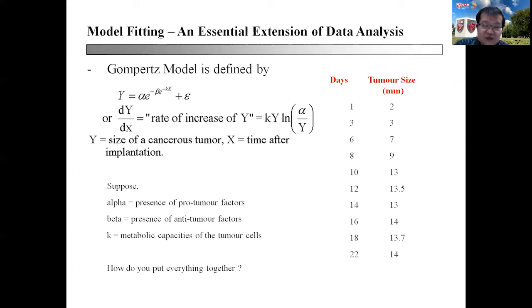Suppose that you want to fit several of these known factors into this particular growth model. Assuming that alpha will be the presence of pro-tumor factors, which you have not identified each one of, whereby you just accumulate everybody. Beta will be the presence of anti-tumor factors, whereas K will be the metabolic capacities of tumor cells.